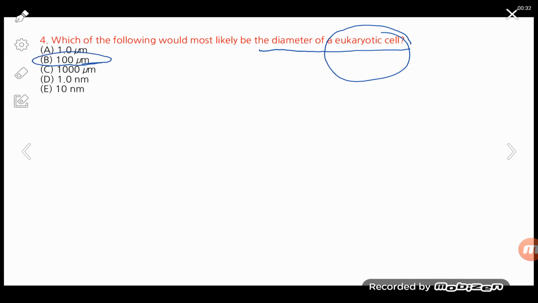Okay, about 1 nanometer and 10 nanometer, these are generally the diameters for viruses. Viruses are so tiny, they are very small. We cannot see them by the light microscope. We have to use electron microscopes in order to see them. They are in this range.